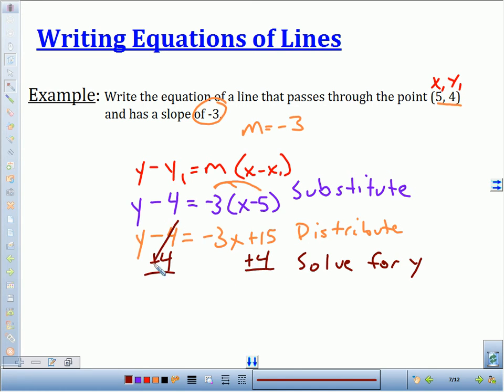When I do that, negative 4 and positive 4 cancel out, and I'm left with y. On the other side, I've got negative 3x. Doesn't change. 15 plus 4 is 19. So my equation for this line is y equals negative 3x plus 19.